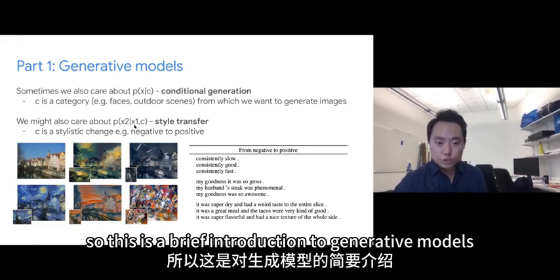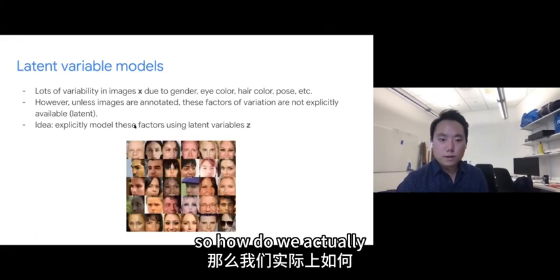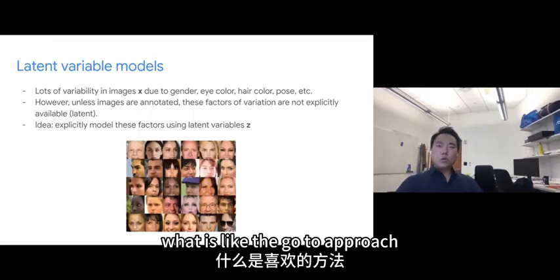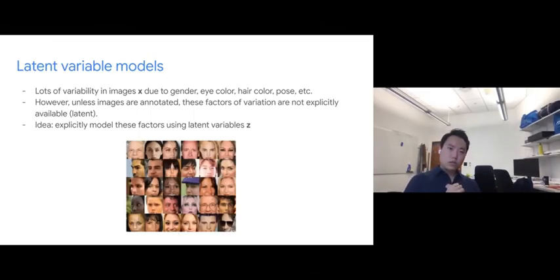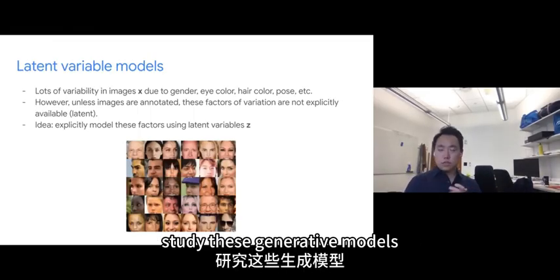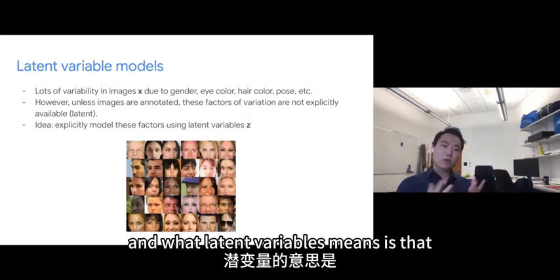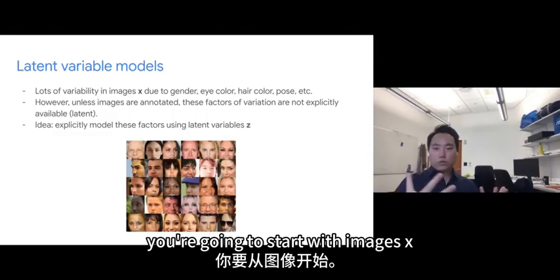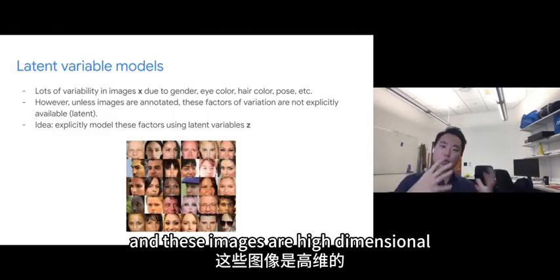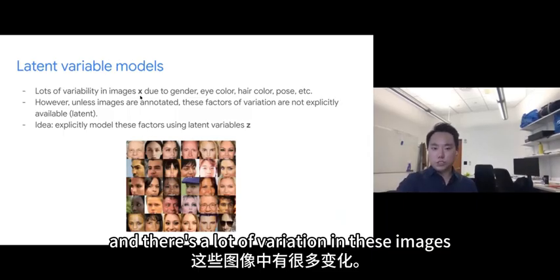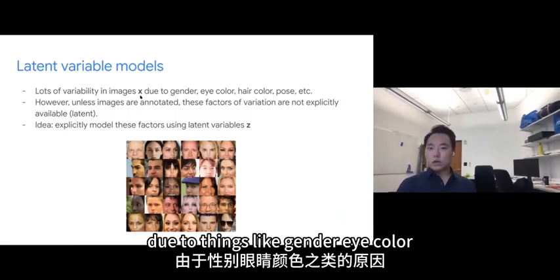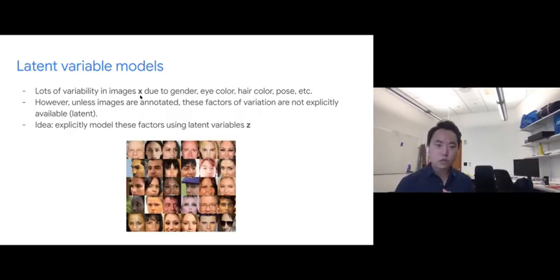So this is a brief introduction to generative models. What is the go-to approach most people use when they study these generative models? A lot of people use latent variable models. What latent variables means is that you start with images X, which are high dimensional, and there's a lot of variation in these images due to things like gender, eye color, hair color, pose, and so on.